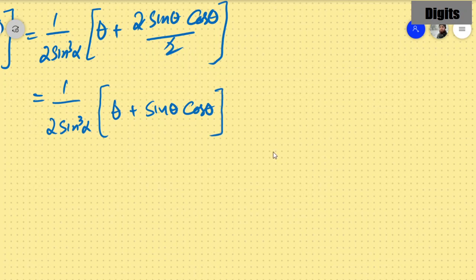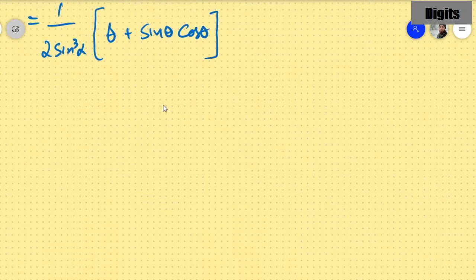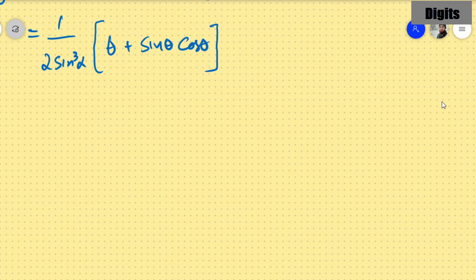So it will be simple now. We should remember that initially we put x minus cos alpha, x minus cos of alpha is equal to sin alpha tan theta.